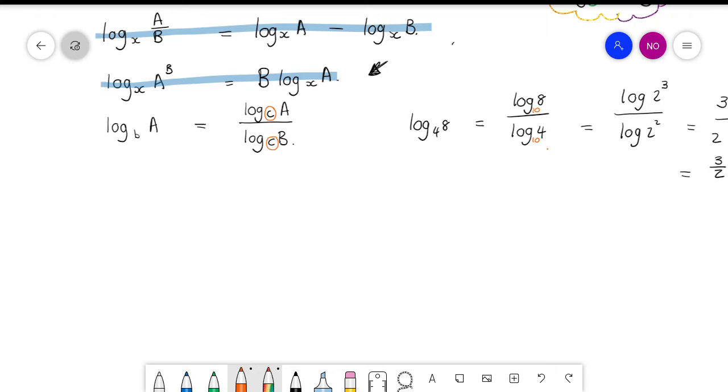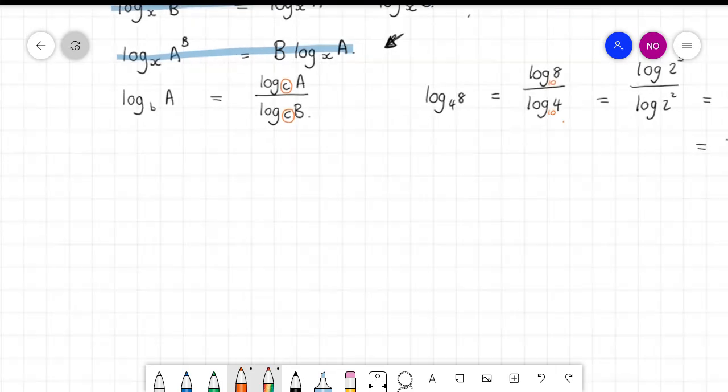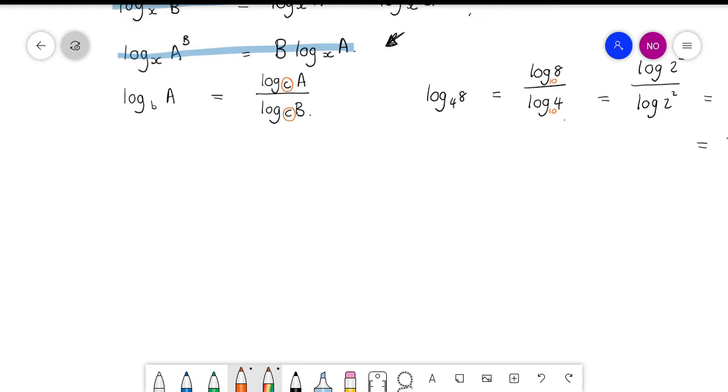Good, but I want to get to drawing the graphs today, so let's start with those. So they tell you f of x is equal to 2 to the power of x.